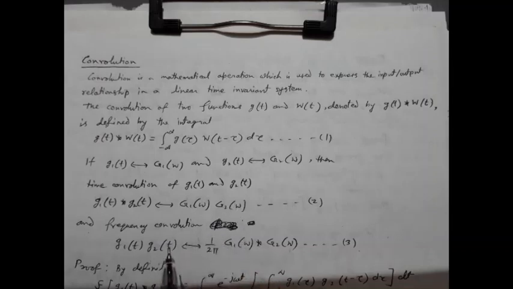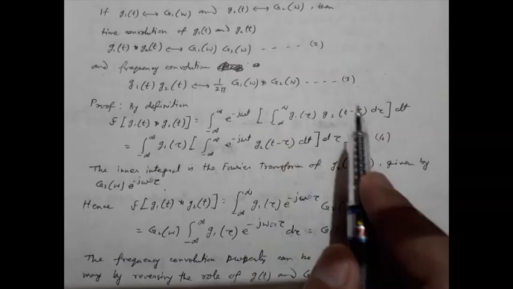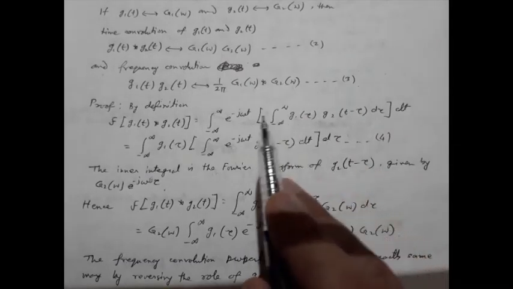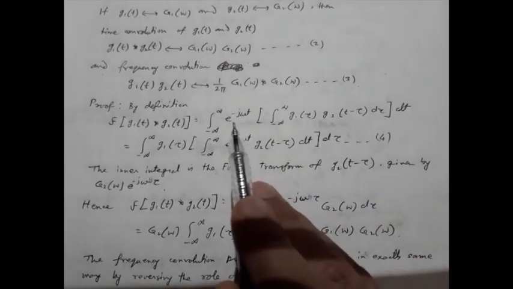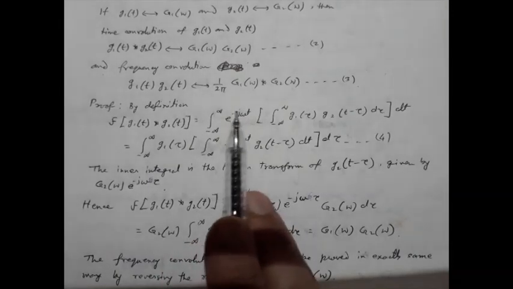Similarly, we have frequency convolution. Now if you want to prove it, we first take the Fourier transform of g1 t convolution g2 t. So this is the convolution integral, and we are taking the Fourier transform of it. Now what we are doing, we are taking this g1 e to the power minus j omega t inside.